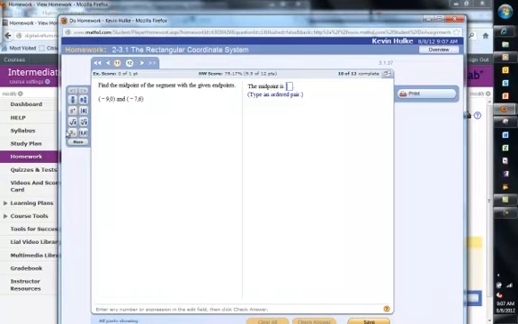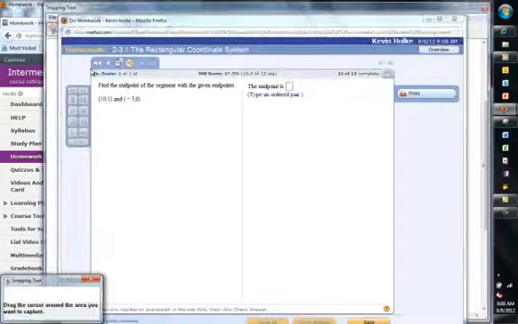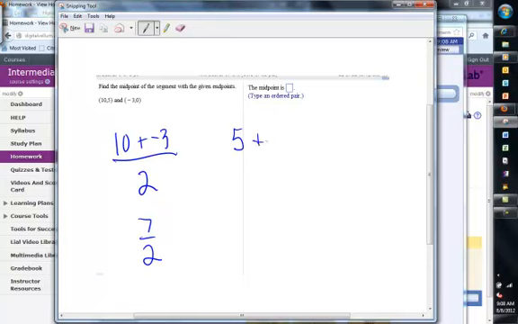Parentheses, negative 8 and positive 3. And the last one, find the midpoint here. 10 plus negative 3 divided by 2 is 7/2, and 5 plus 0 divided by 2 is 5/2.